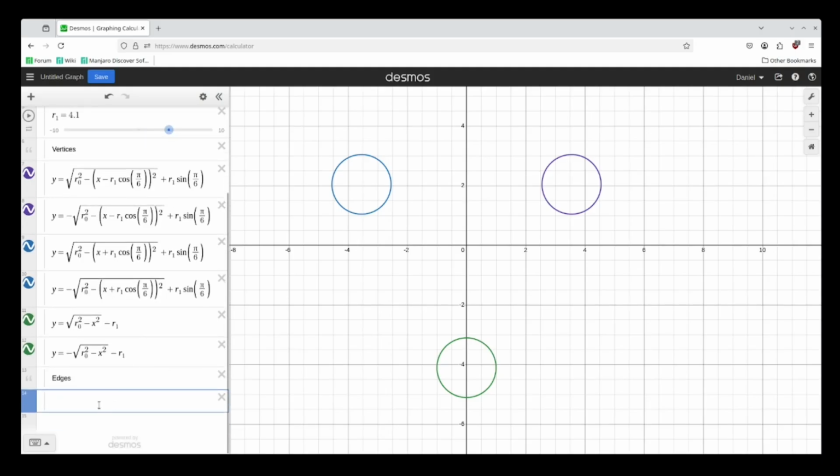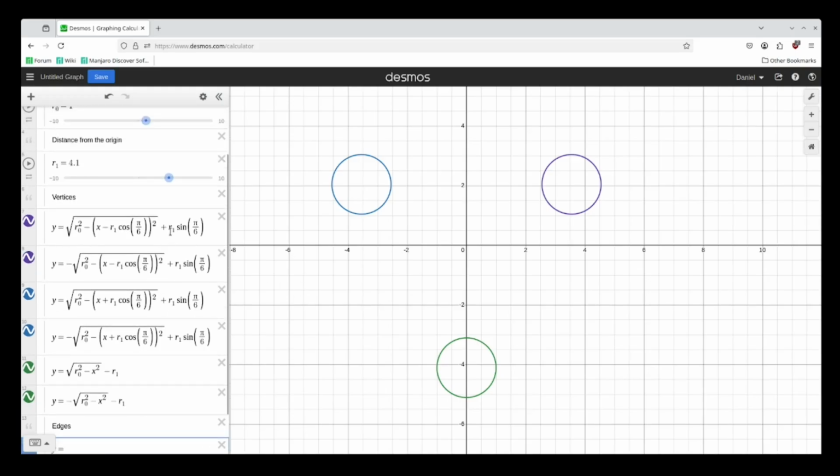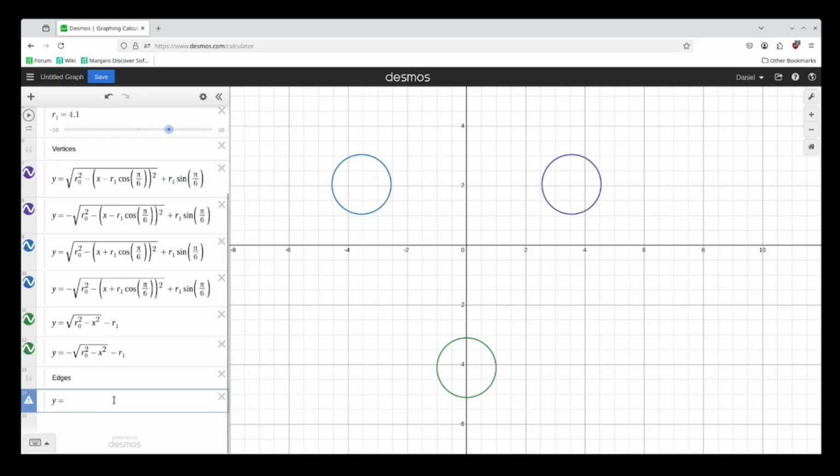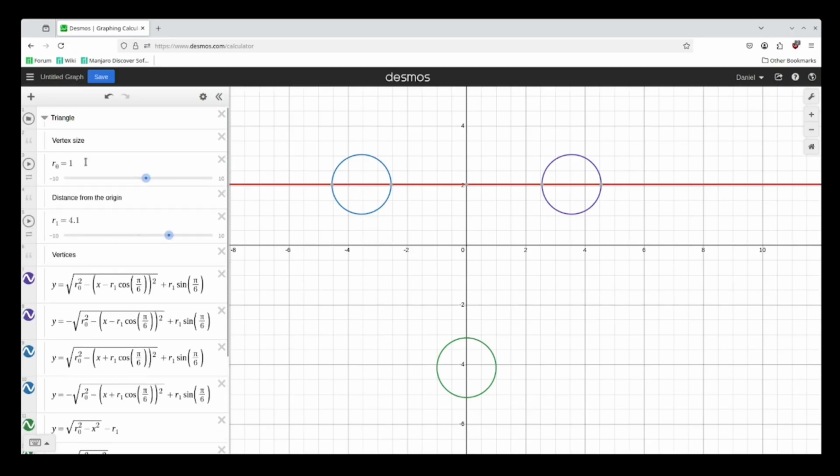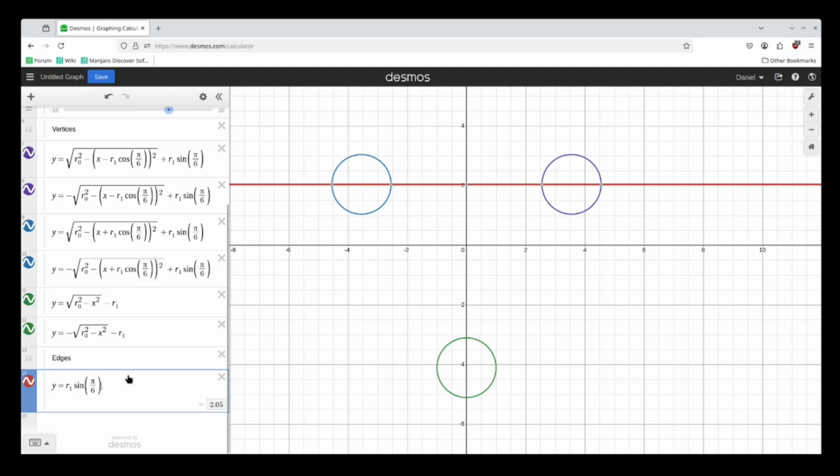Let's make a comment for edges. We know at the center is going to be this value here. So y should be this. We need to calculate the radius, that is r0.